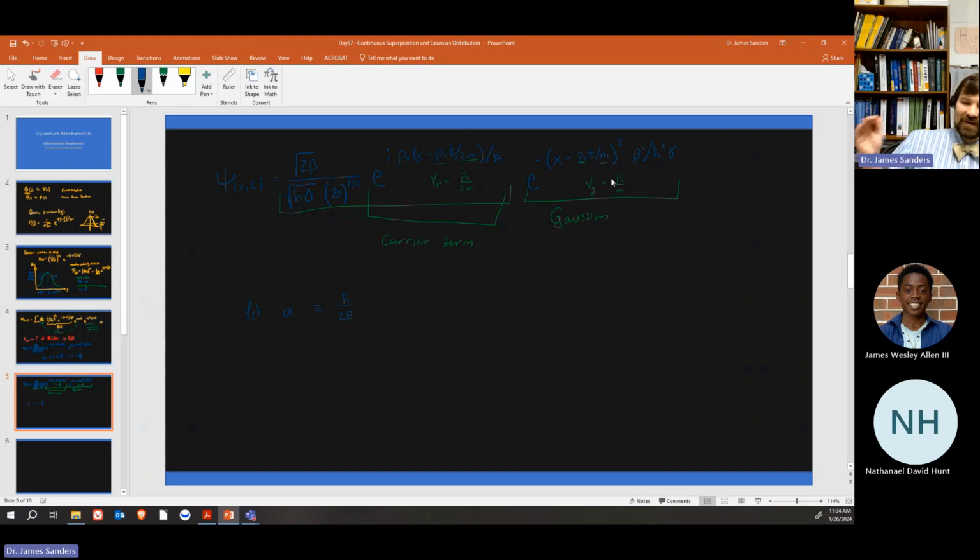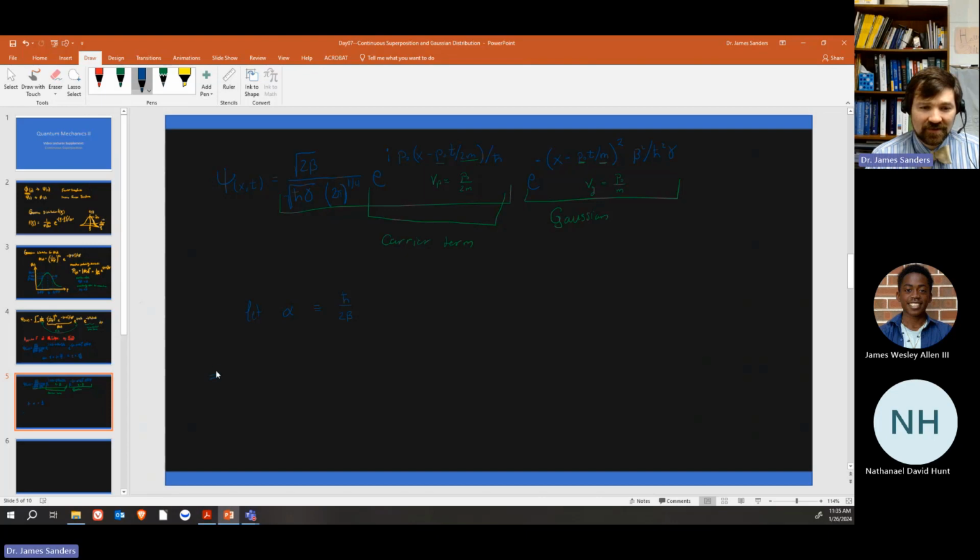Remember that was how wide the distribution was in momentum space. So this would be inverse. How wide is it in, well, space representation. So the wider in momentum, the narrower in space, and vice versa. Okay, so that goes with our uncertainty principle for starters. And it goes with our observations about bandwidth versus pulse duration when we're talking about times. Okay, so with that little thing aside, now let's let alpha be defined in this way.